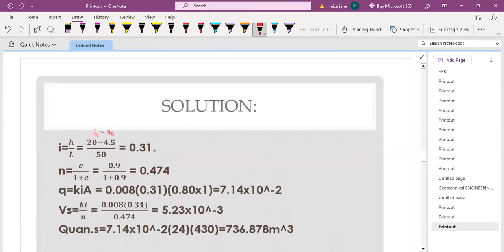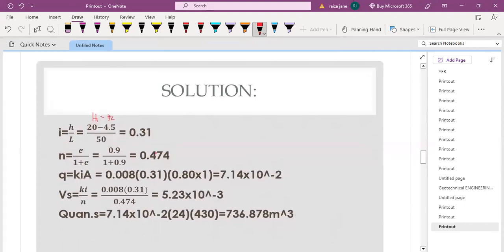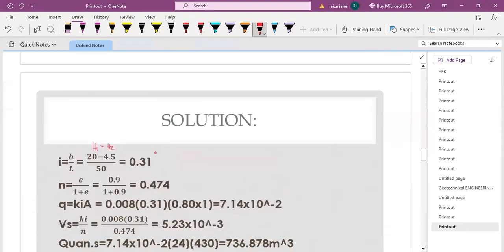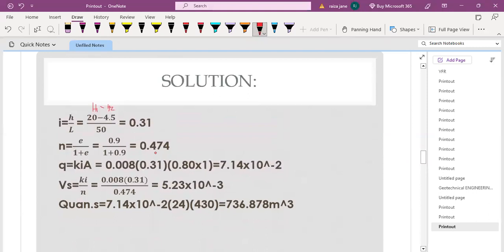Siyempre, meron na tayong, yan, tama. Tapos yung flow rate is equal to KIA is equal to 0.008, 0.31 times 0.80 times 1.